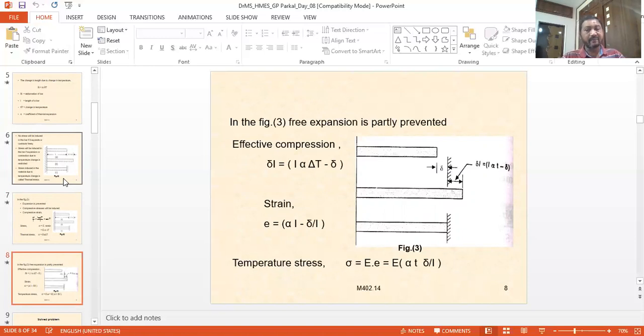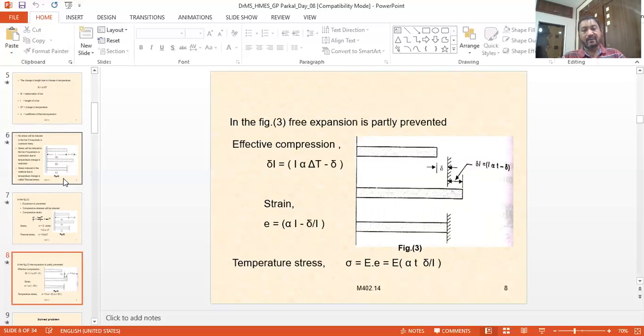Now, actually, if the bar is subjected to an increase in temperature, the final change in length would be L into alpha into delta T. However, we are allowing the free expansion of that bar up to delta amount.